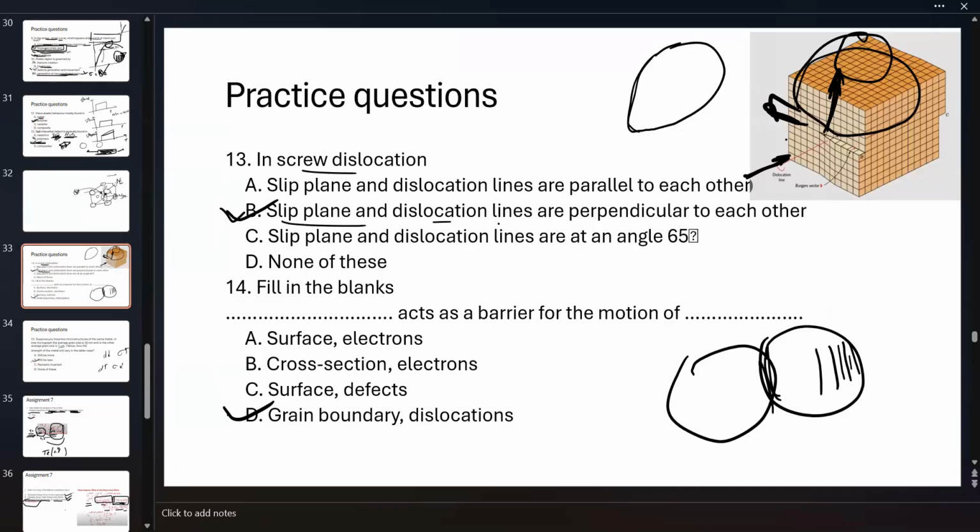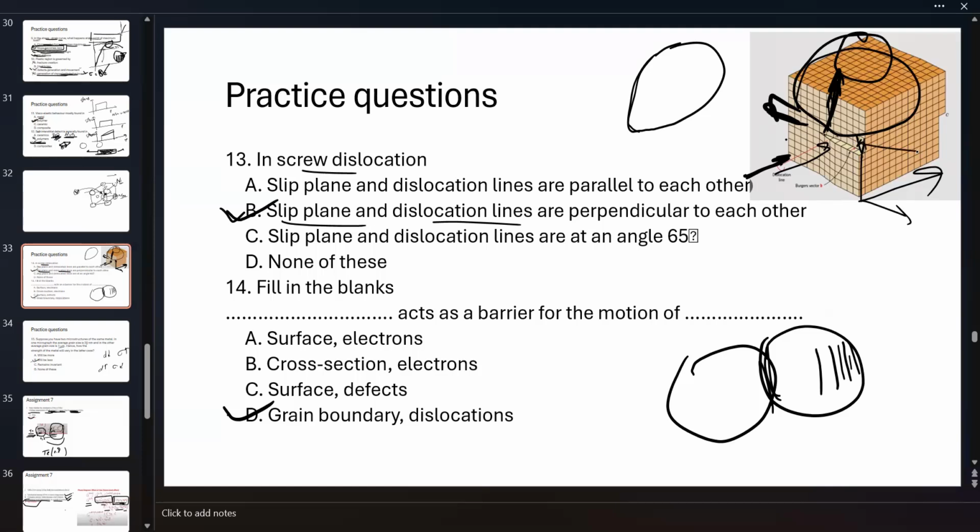So the plane and the dislocation direction. This is the dislocation line, and this is the slip plane. The dislocation line is along this direction, and the slip plane is along this.